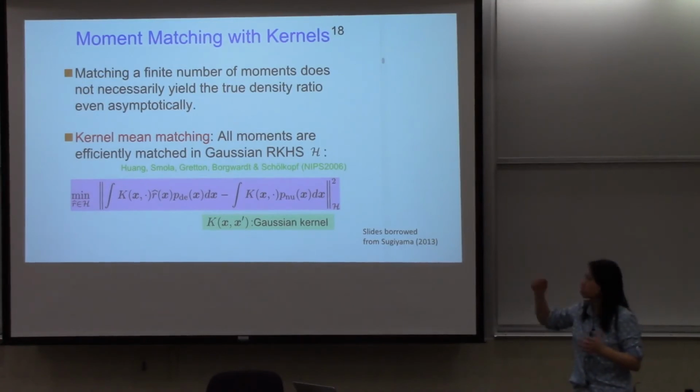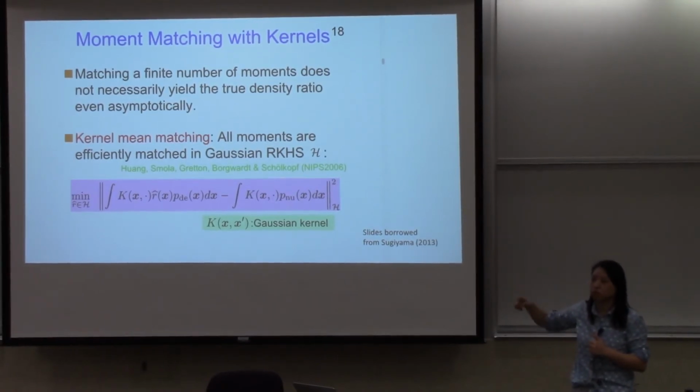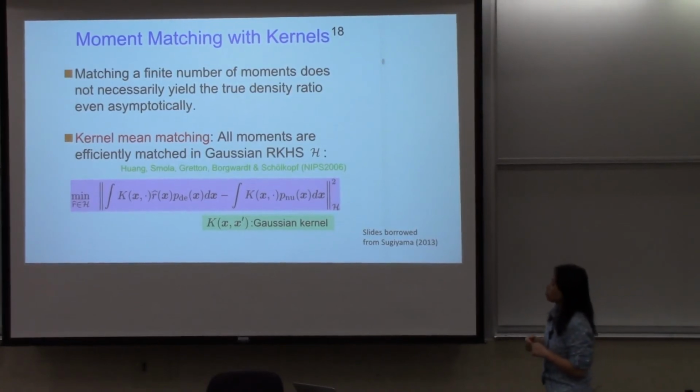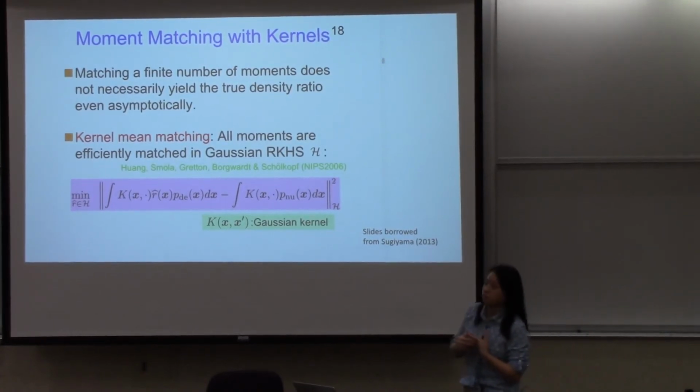And if a finite number is not asymptotically correct, then we should use an infinite number of moments. The kernel method is the one we can use to reduce the computational burden of the dot products. Any other questions?